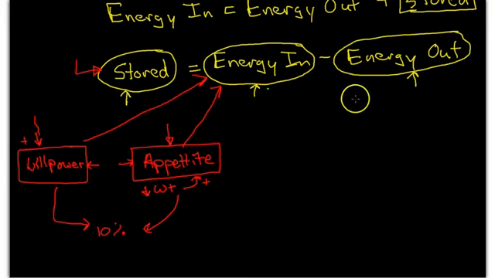This gets even more interesting because, again, we think of it just about eating less and exercising more. Well, the fact is that exercise actually only accounts for about 10% of the energy we use from a day-to-day basis. What makes up the 90%?